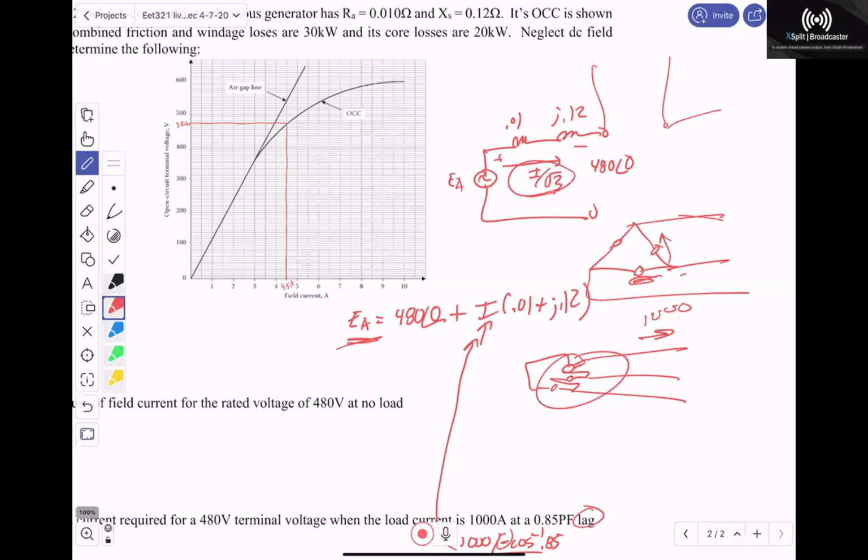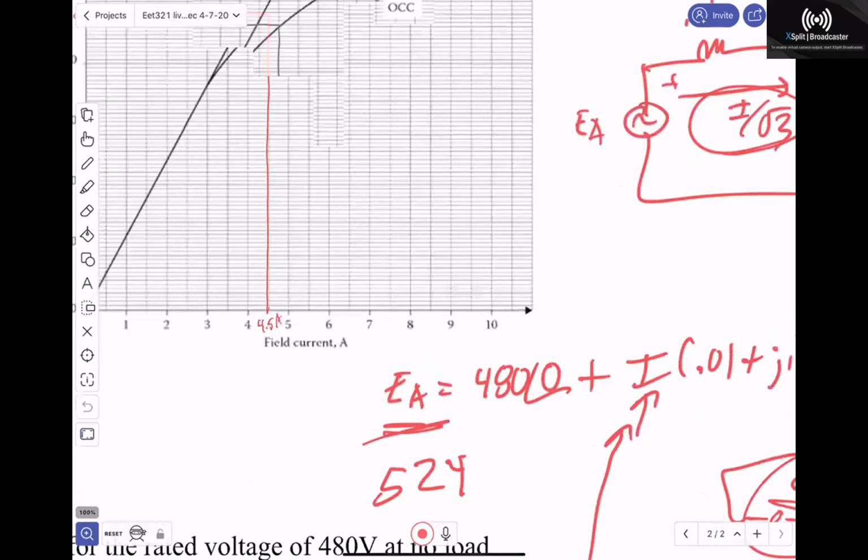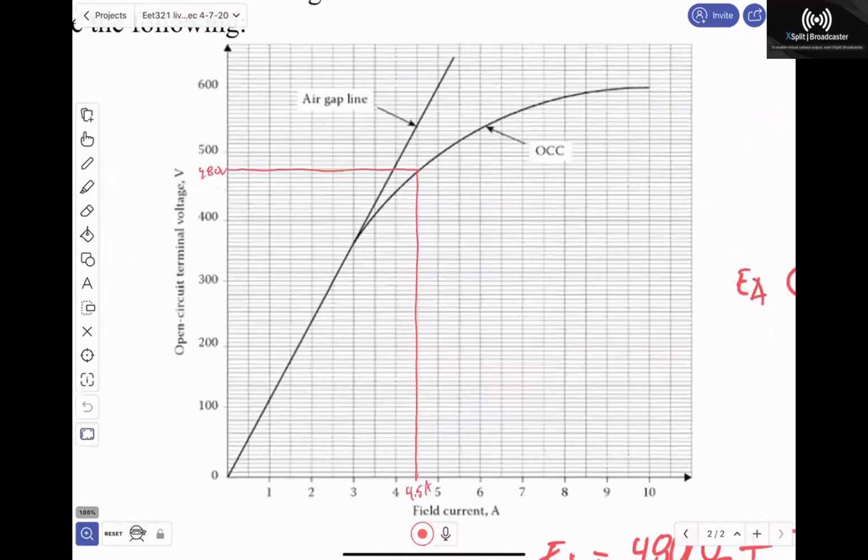And to check your work, I got about 524 volts is what was needed. That's the EA. So the question now is how much field current do I need? Now I have to go back over here and look where I get about 524.